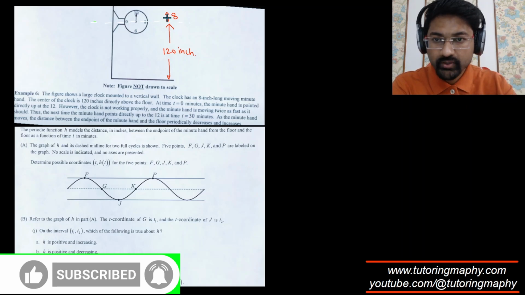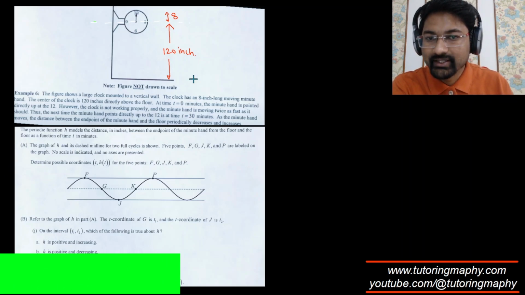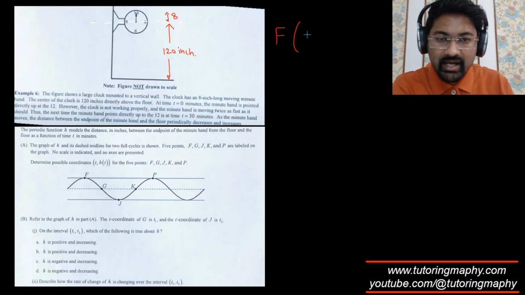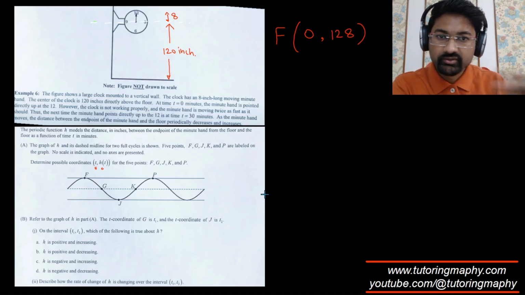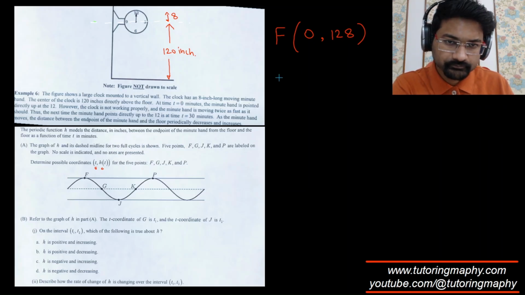So that's going to be 128. So I know that at t equal to 0, the height is 128 inches. That's how they want the coordinates, t comma h of t. So t is just 0, and then it is just 128.